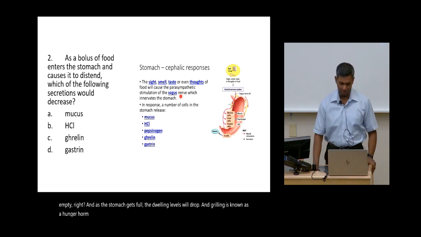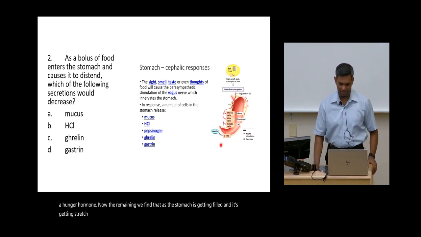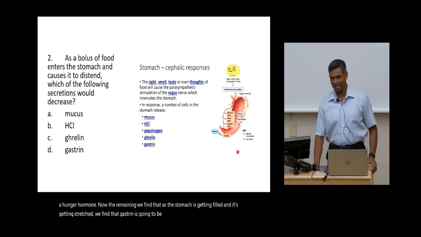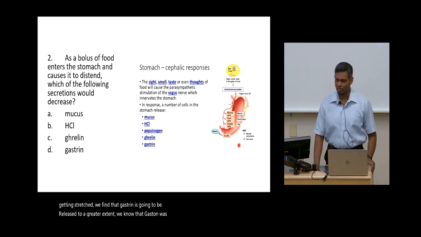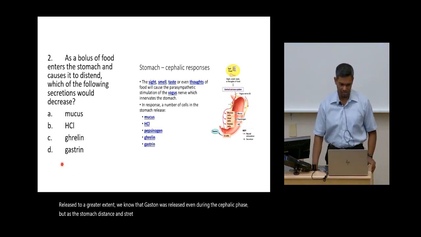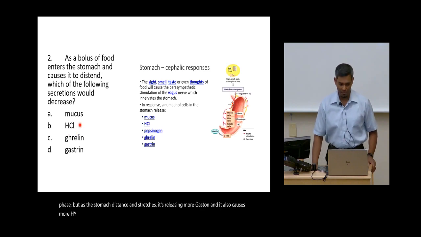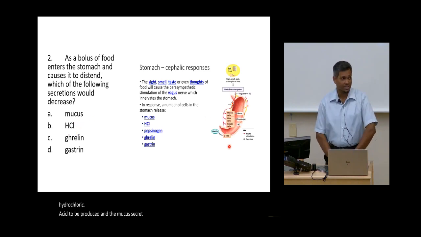Now the remaining, as the stomach is getting filled and stretched, gastrin is going to be released to a greater extent. We know that gastrin was released even during the cephalic phase, but as the stomach distends and stretches, it releases more gastrin, and it also causes more hydrochloric acid to be produced, and the mucus secretion will also increase as the stomach is stretching as well, right?